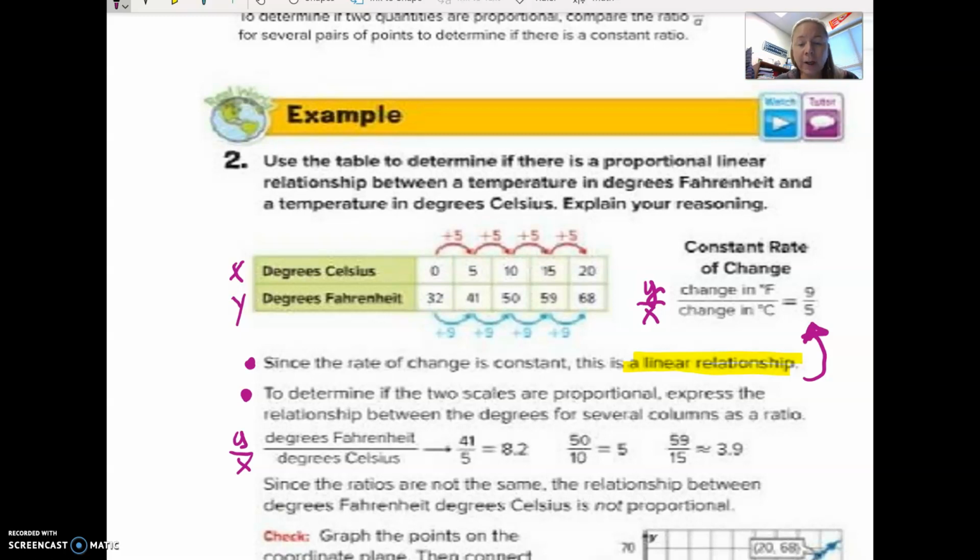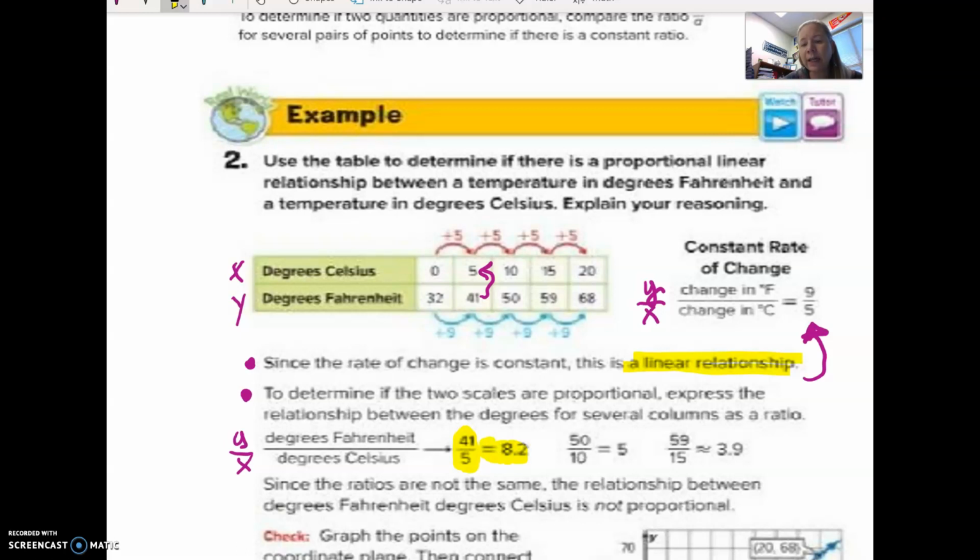So we're going to take the 41 and put it over the 5. 41 over 5, the y over the x, equals 8.2.